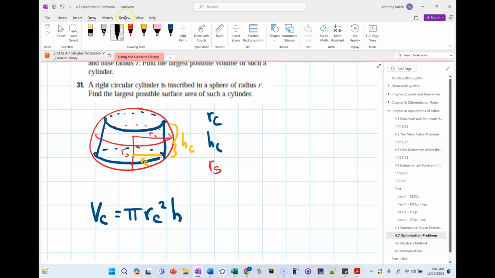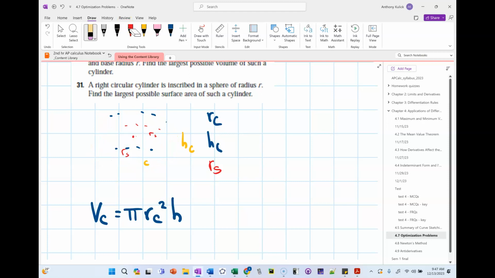Let me redraw this picture a little bit neater, huh? Is that okay? I'm going to erase this and redraw real quick. It's kind of a lot going on. That's what I needed.